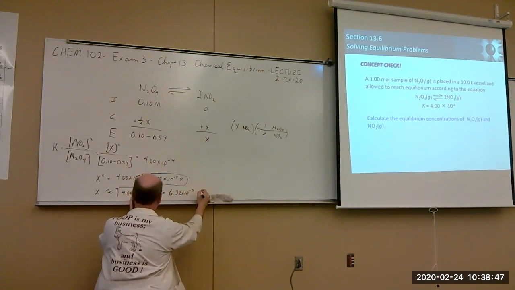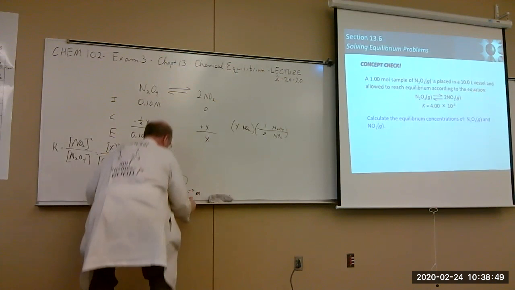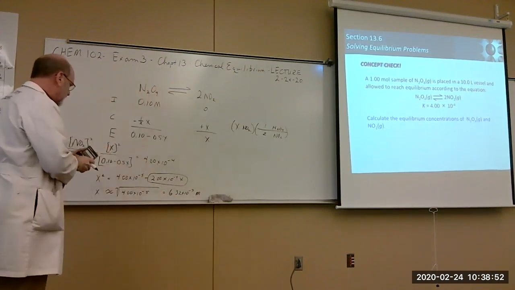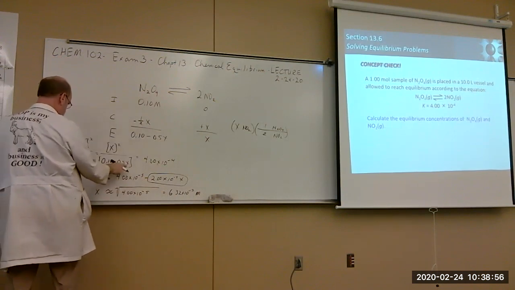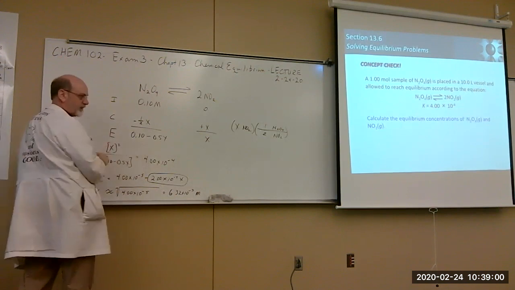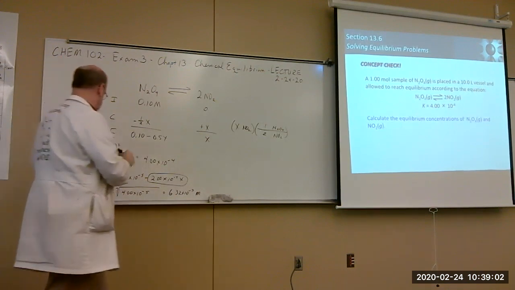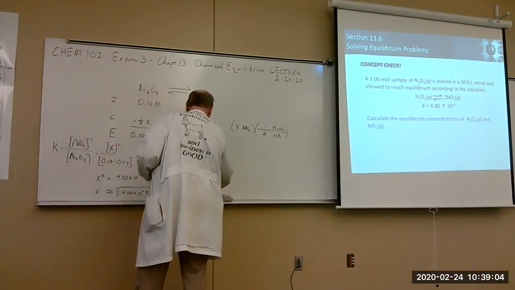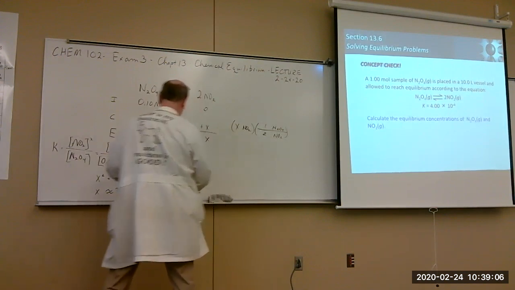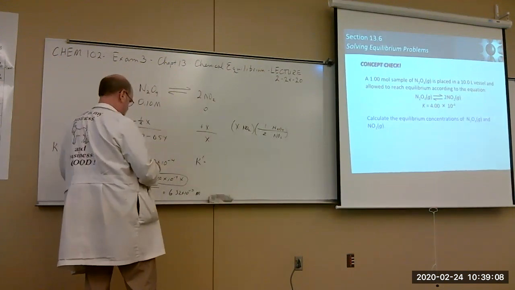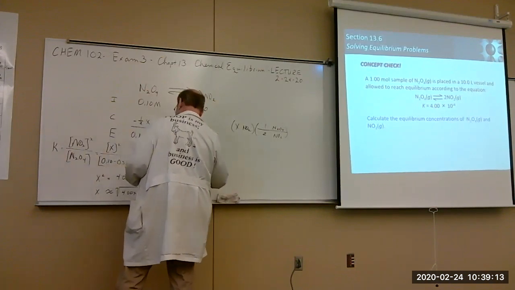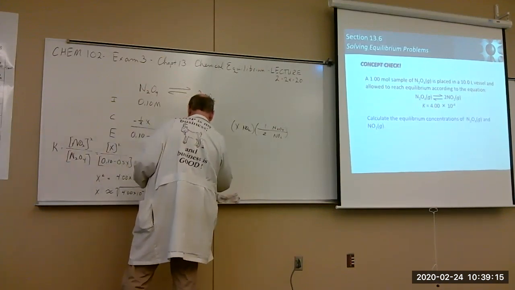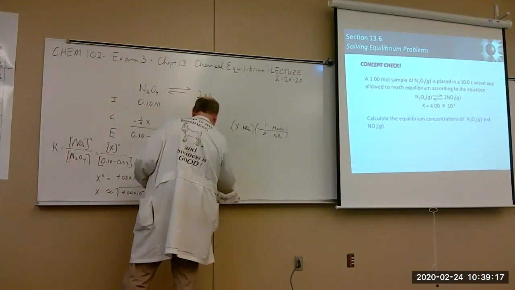Now, what we need to do is plug in this value for x in here and here and see if it's close to that. Right? So we're going to calculate a K that may or may not be that one. Actually, no, we're not going to calculate K. We're going to set it equal to 4 times 10 to the minus 4.